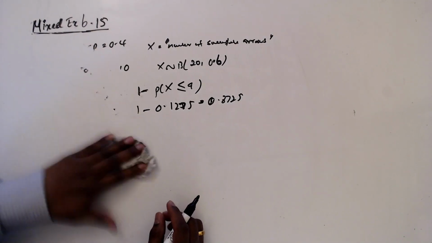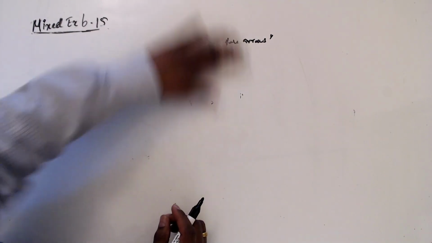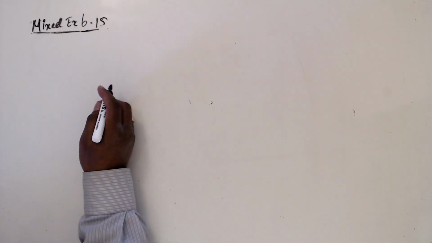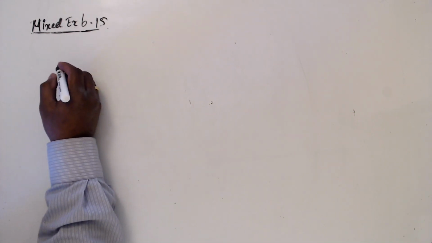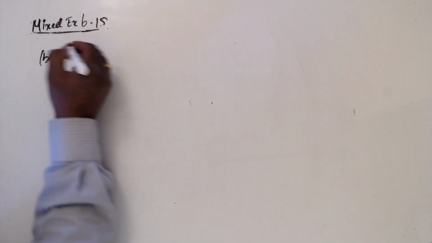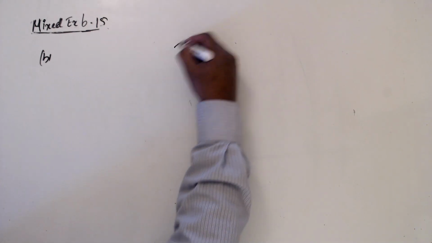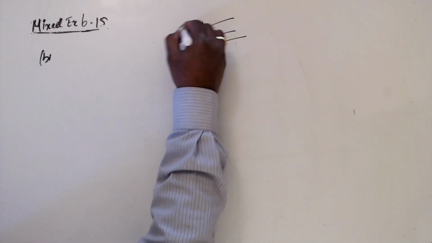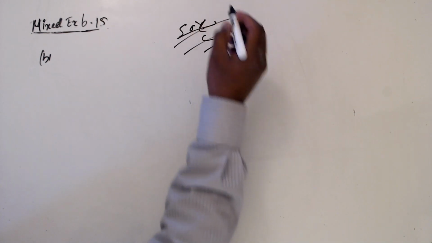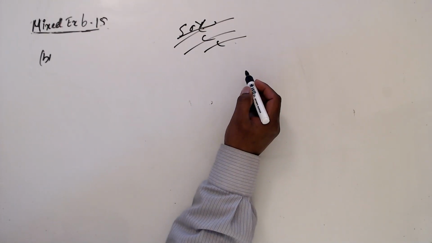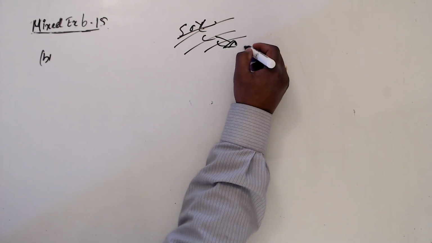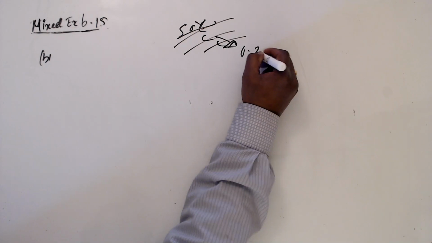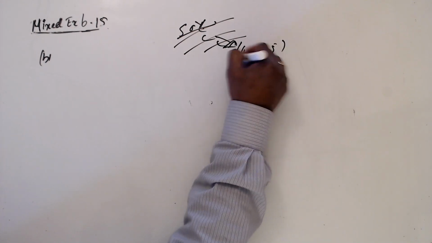Part B says 12 sets of arrows. Find the probability that, so now there's at least 50% of arrows, which have the probability of 0.8725 of accuracy now.